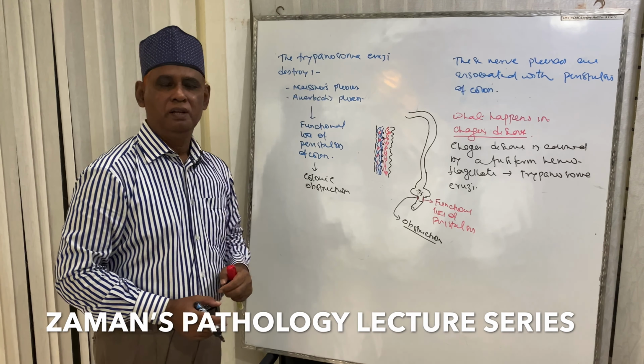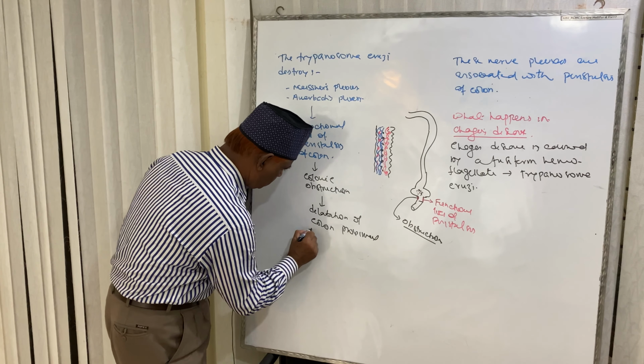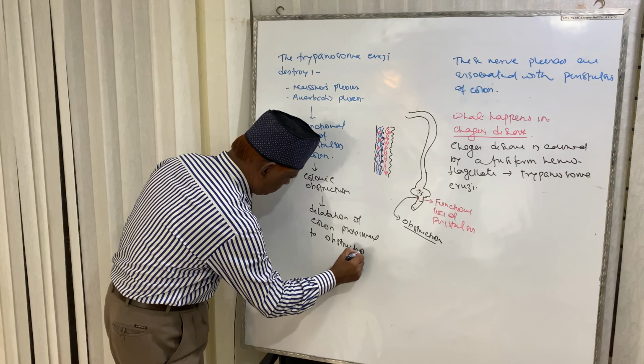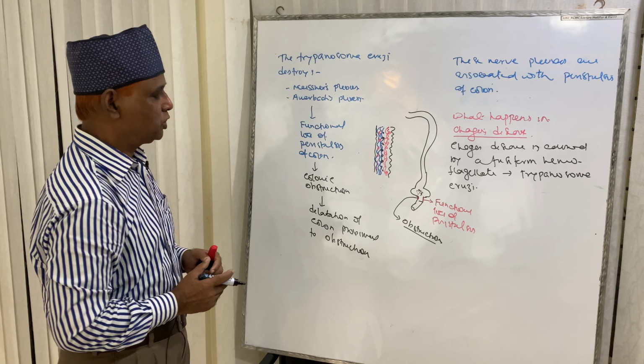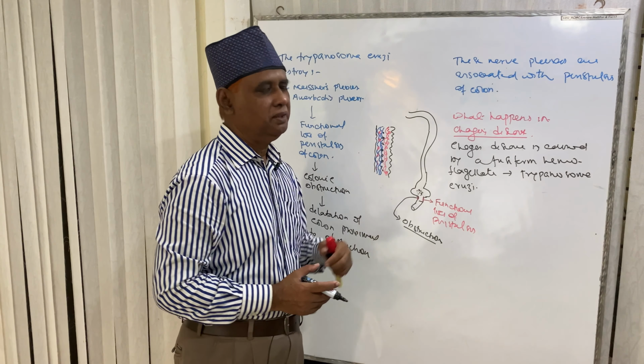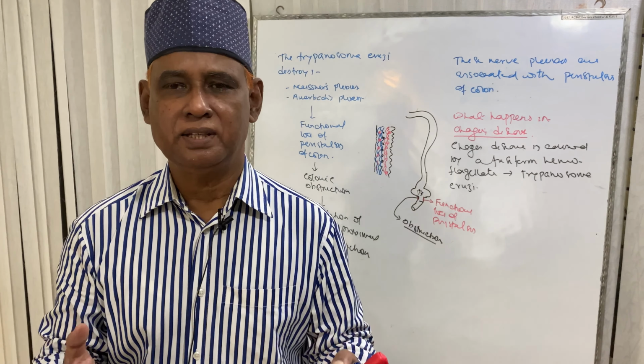Dilatation of colon proximal to obstruction due to accumulation of fecal material, and this is the megacolon in Chagas disease. Again, Chagas disease is caused by Trypanosoma cruzi, a fusiform hemoflagellate.